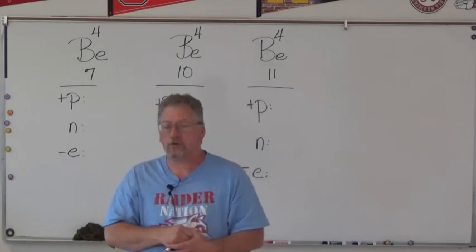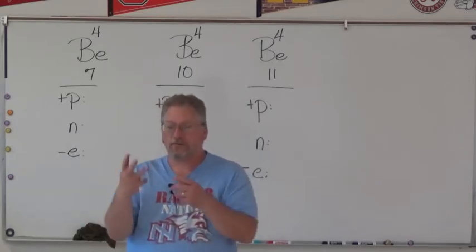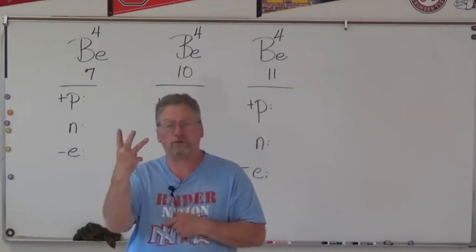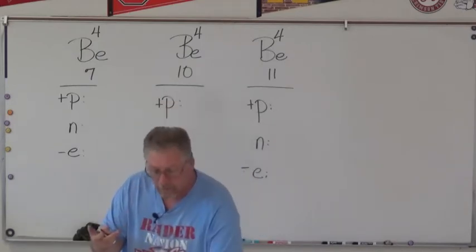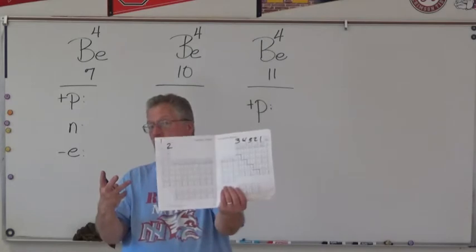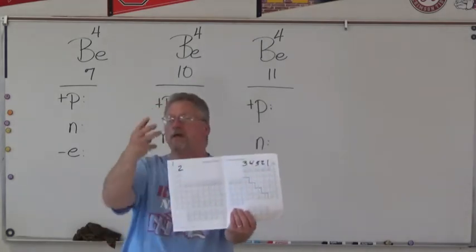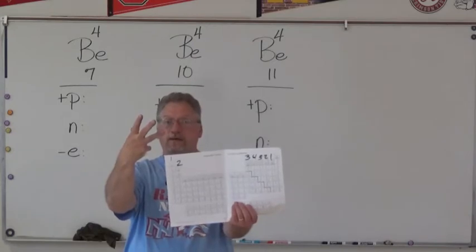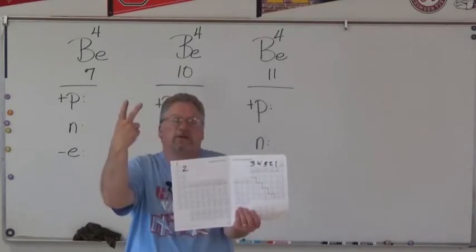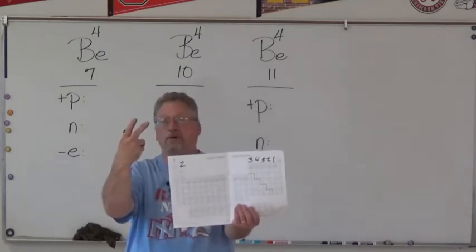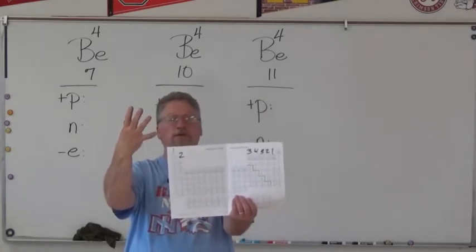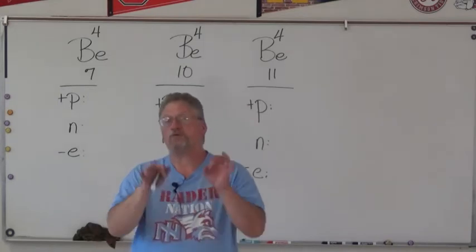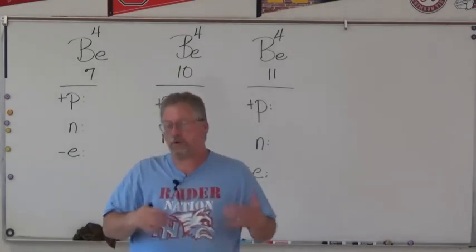If you have 3 protons, there's only one element on the entire periodic table. Make sure you got your periodic table out. There's only one element that has 3 protons. If you go down to 2 protons, that's helium. It's no longer lithium. If you go up to 4 protons, that's beryllium. So, the number of protons determines which element it's going to be on the periodic table.